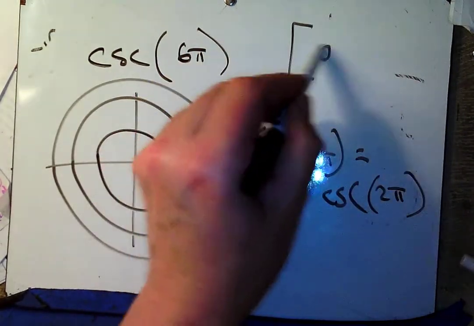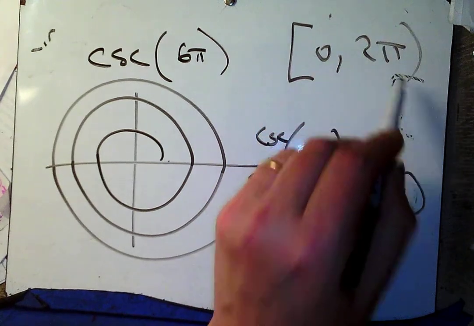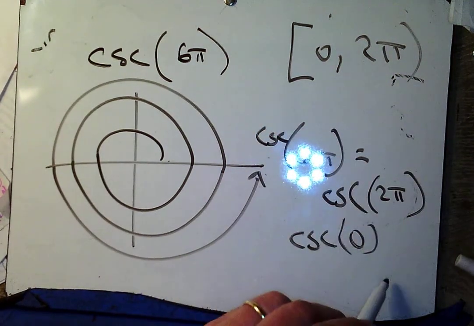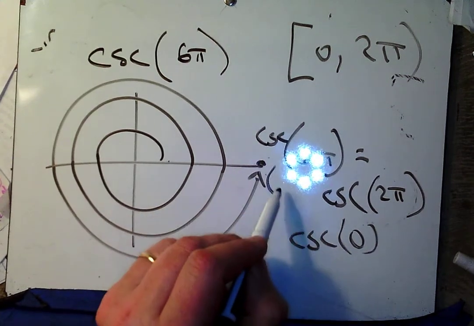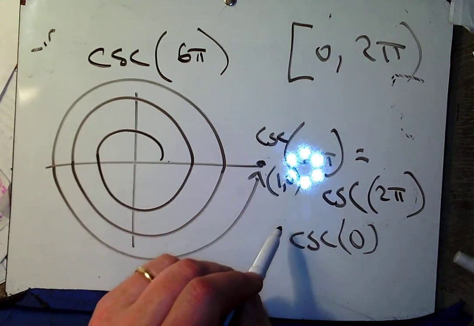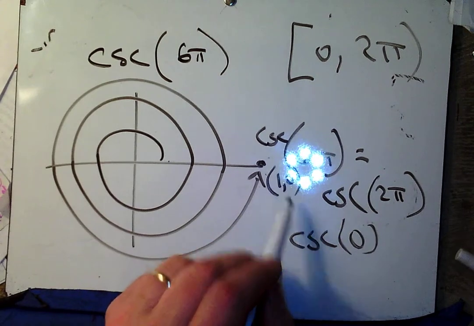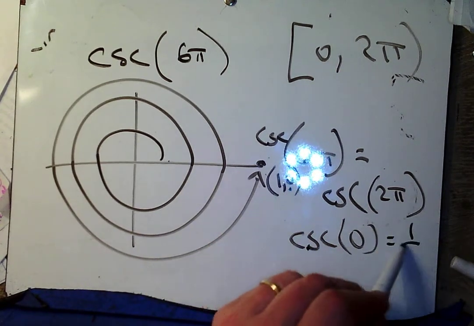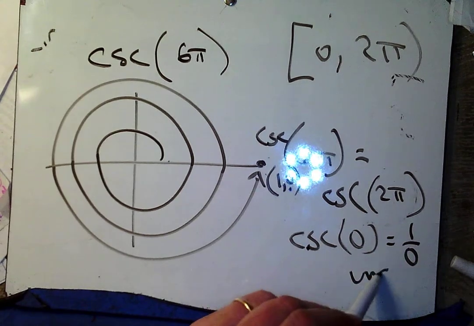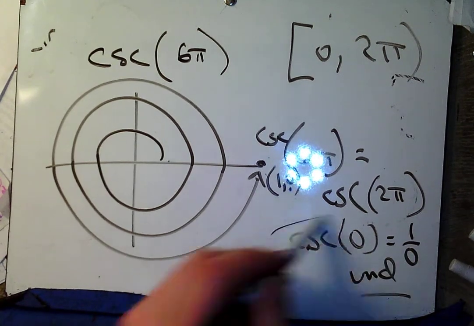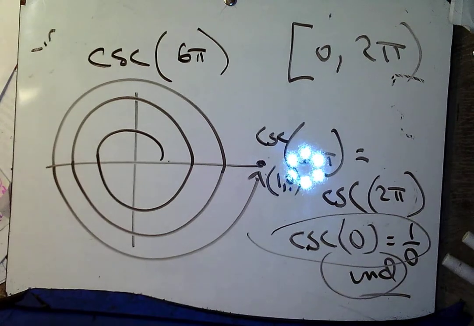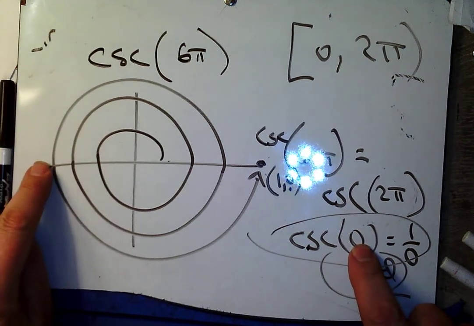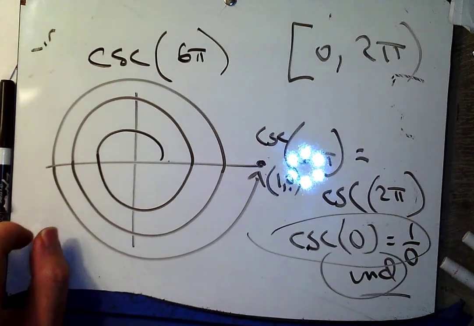Oh, but since we're going 0 to 2 pi and we're not including 2 pi, we're going to think about cosecant of 0. So the ordered pair here is 1, 0. And I know that cosecant is 1 over that y value. That's undefined. Yeah, turns out cosecant has a vertical asymptote when the angle is 0 or pi or 2 pi.